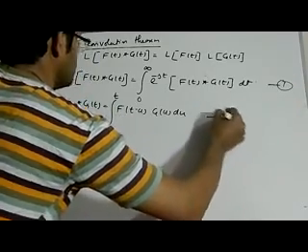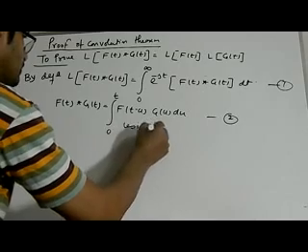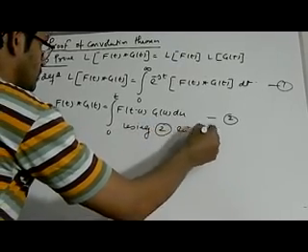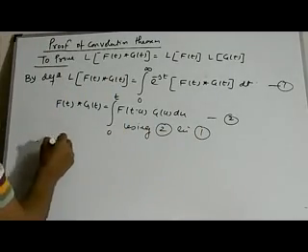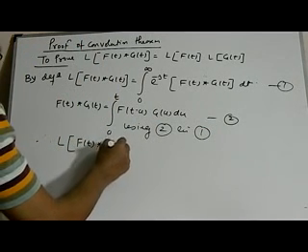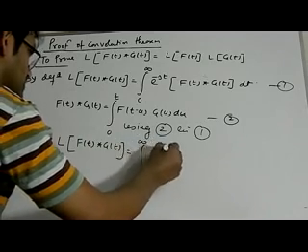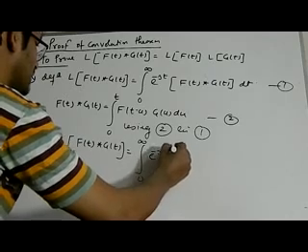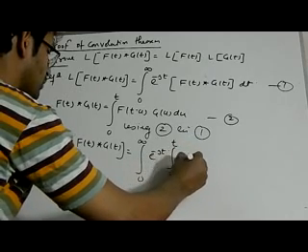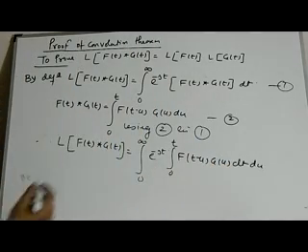Let it be 1 and let it be 2. So using 2 in 1, what will I get? Laplace of f(t) star g(t) is integral 0 to infinity e to the power minus st, and substituting the value, integral 0 to t f of (t minus u) g of u du dt. Now if I get the value of this double integral, then we are done.